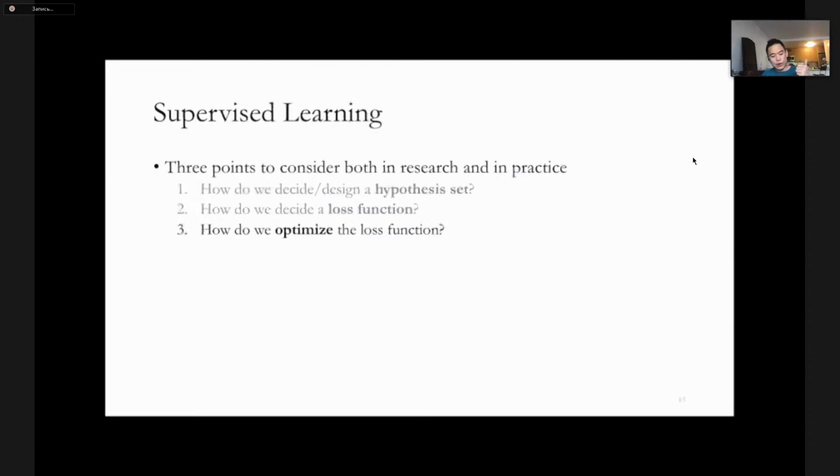So, okay, we know how to define a hypothesis set, and we're going to talk about what are good hypothesis sets for natural language processing shortly. And we now know what kind of loss function we're going to use. It's going to be just a negative log probability. Now, of course, we need to think about what is the right way to optimize this loss function with respect to all the points in the hypothesis set in order to find a good solution.